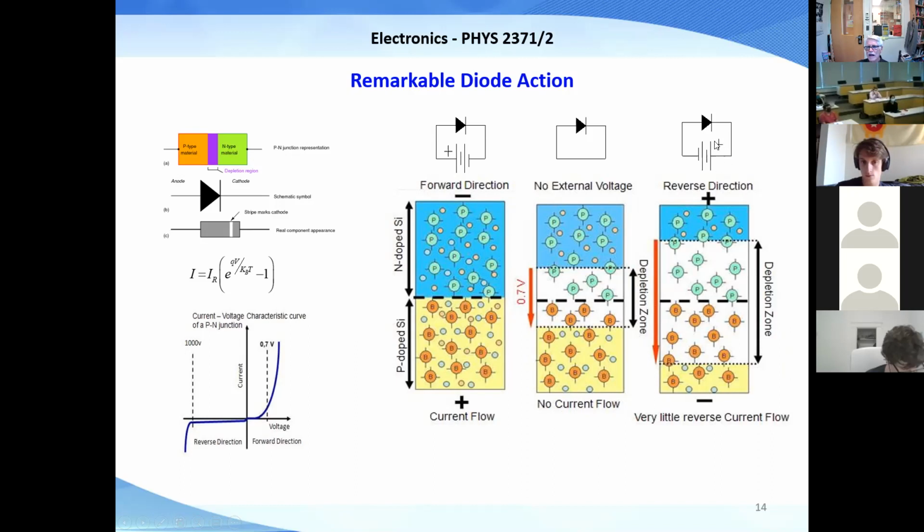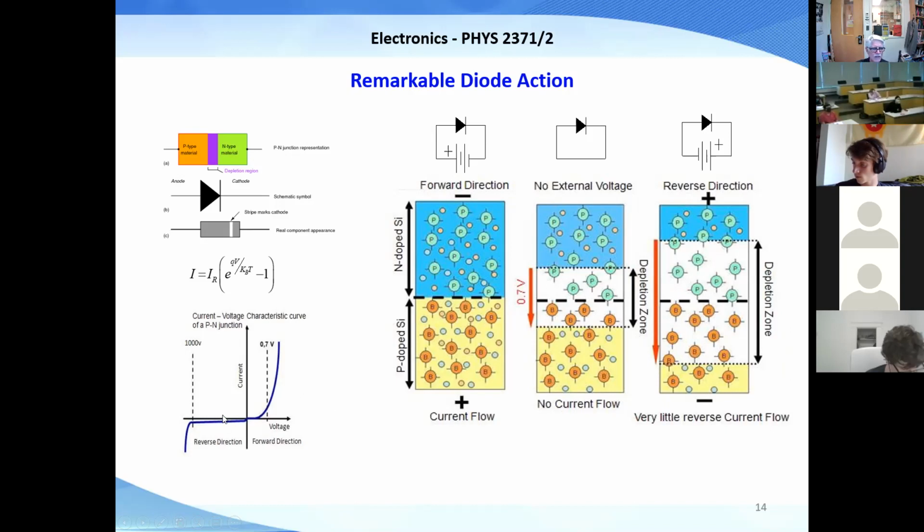If you put the battery the other way, it actually removes holes from the depletion region and removes electrons from the depletion region, so the depletion zone gets even bigger. It was insulating here, and it's just more insulating here, but still no current flows in either of these directions.